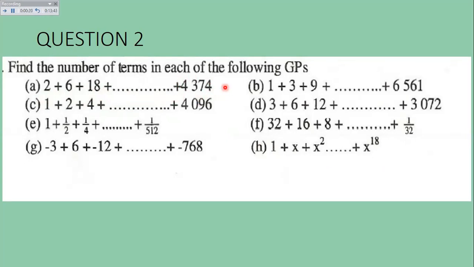You discover that here the nth term, the Tn term, has been given there. So very simple, just fuse these into the general GP, and you'll be able to come up with the solutions. I'm interested in A and H. Find the number of terms.